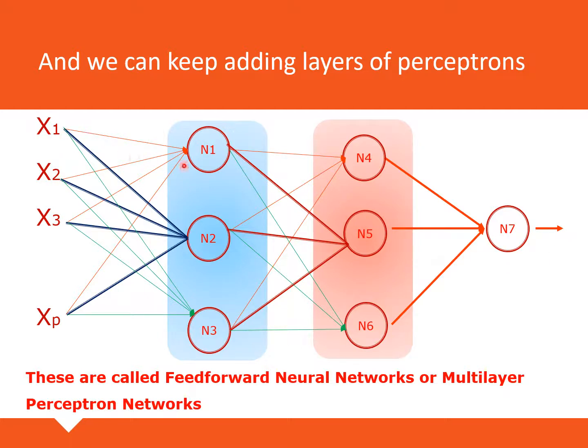So flow of information is from left to right in the forward direction of the network. That is why these neural networks are also called feed forward neural networks.